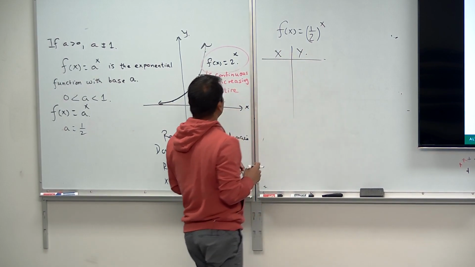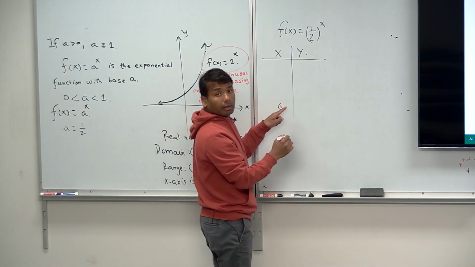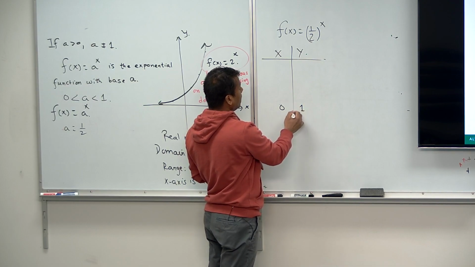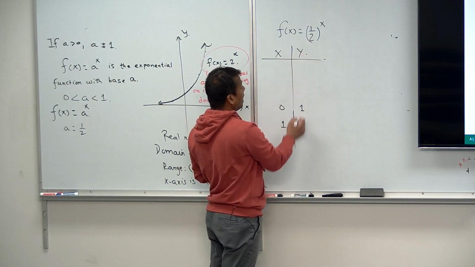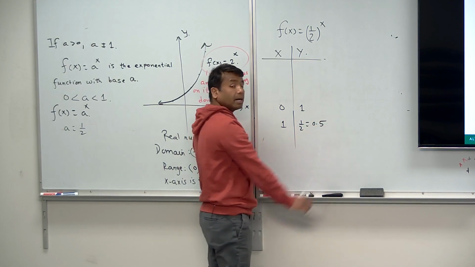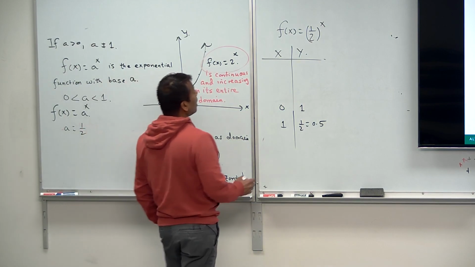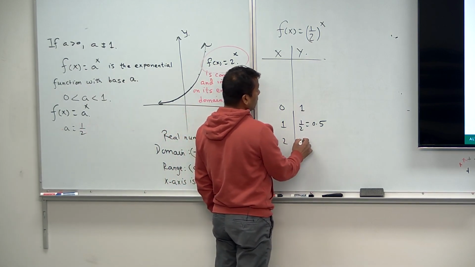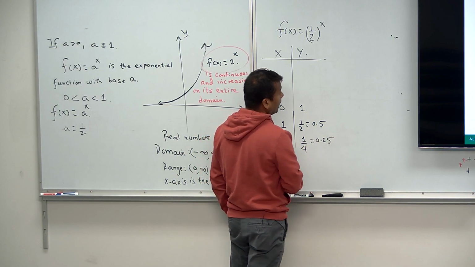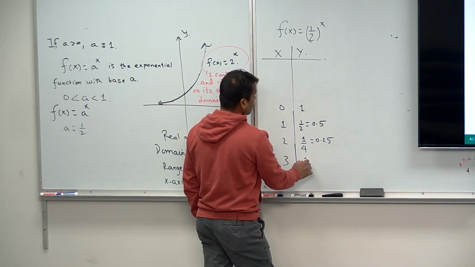When you plug in x equal to 0, 1/2 to the power 0 is 1. If you plug in x equal to 1, this is 1/2, which is 0.5. If you plug in x equal to 2, this would be 1 over 4, which is 0.25. And then if you plug in x equal to 3, this is 1 over 8.